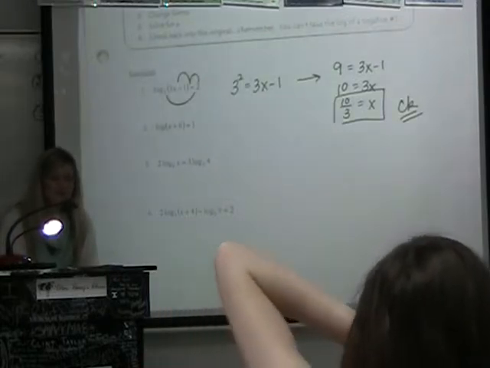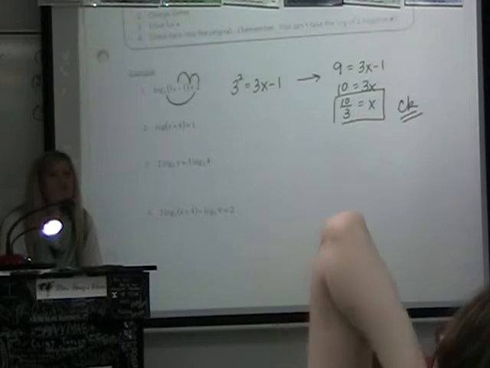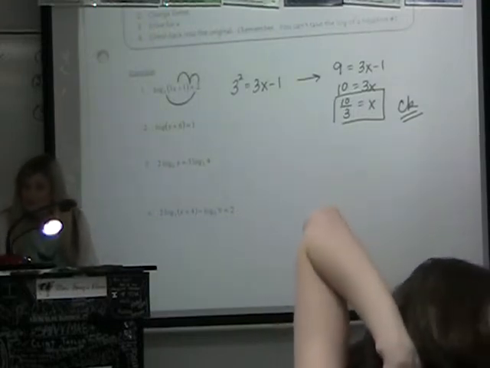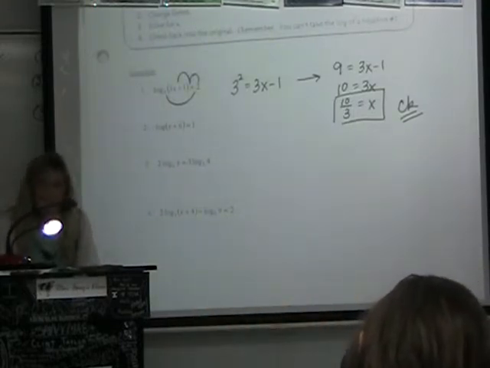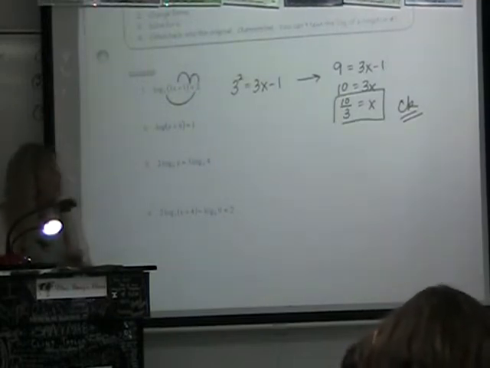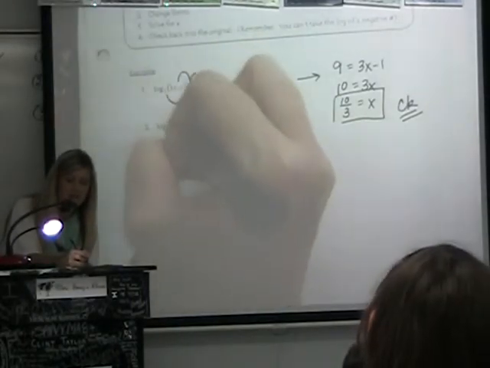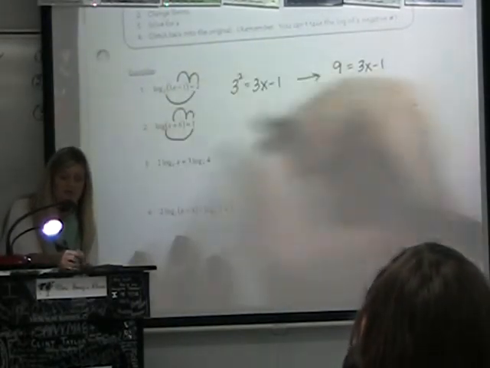All right, what about number 2? Is the logarithm by itself? Yes, it is. The x plus 6 is part of that logarithm. So we move on to step 2, which is to change forms. Change it to an exponential. What's the base on this logarithm? 10. So 10 to the first equals x plus 6.